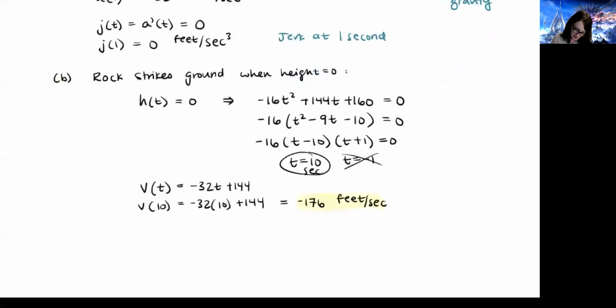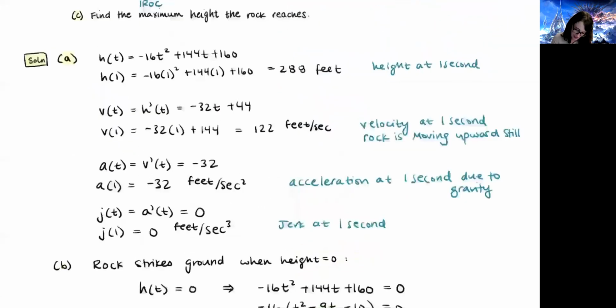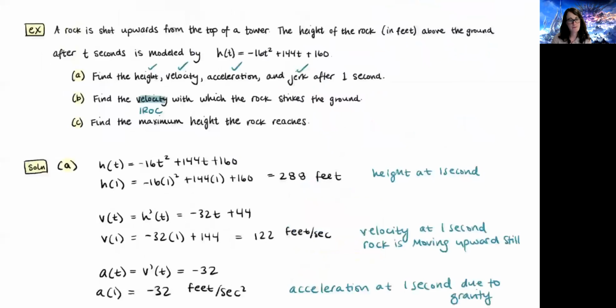Part C asks us, find the maximum height that the rock reaches. That is not something we talked about before, but we have all the tools to figure this out. Based on your experience with the world, when you throw something up, it slows down and then it turns around and starts falling back down to the ground.